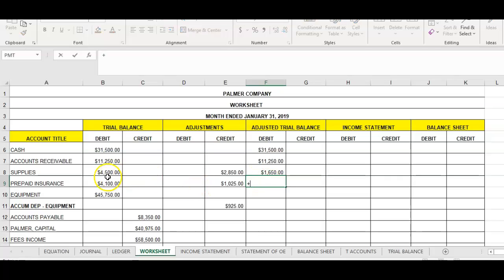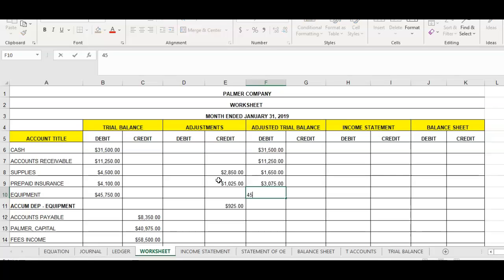So once again, we're going to subtract the smaller amount from the larger and record the balance on the larger side of the account. So for our prepaid insurance account, the balance after adjustment would be $3,075. Okay? The equipment account, there's no adjustment.